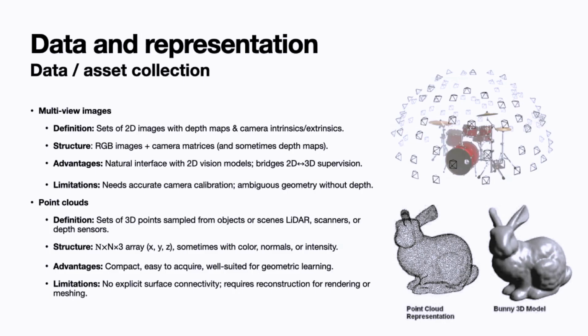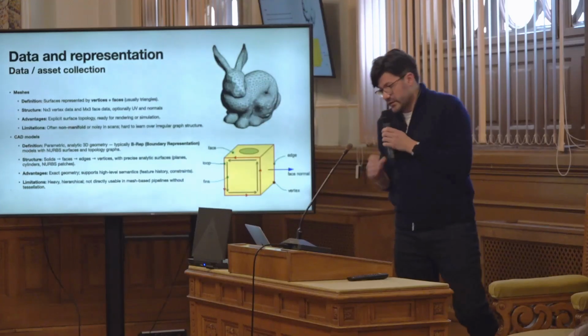What is most useful is, for example, point clouds that are gathered by LiDARs and all kinds of other scanning procedures, and they often come as points, sometimes with normals, sometimes with intensity values and so on.